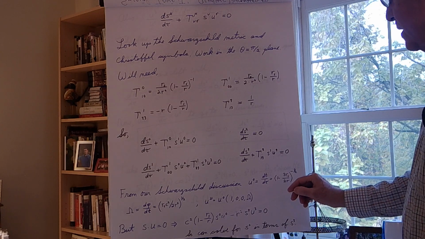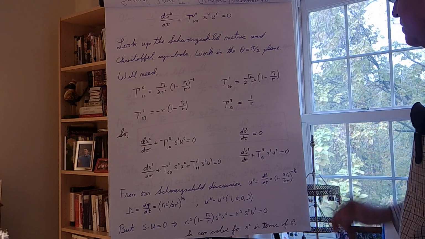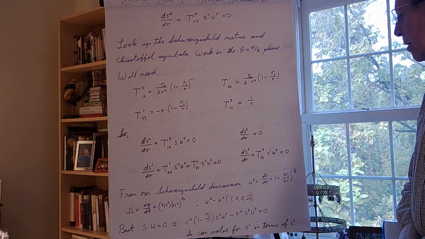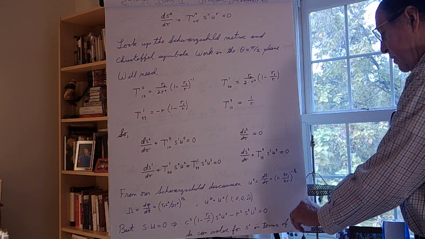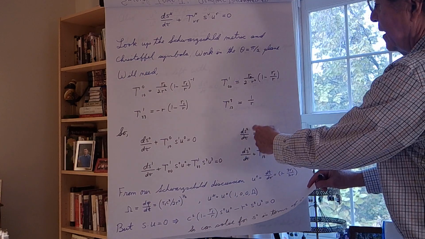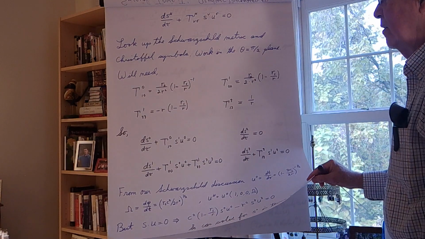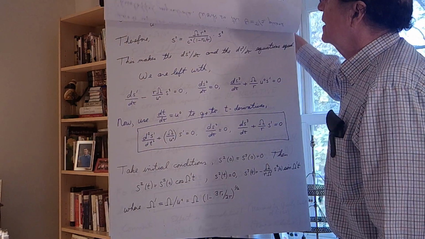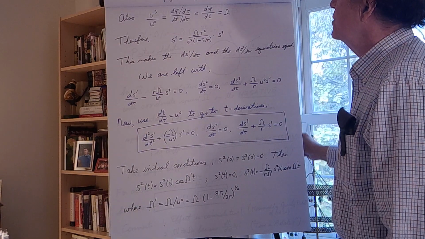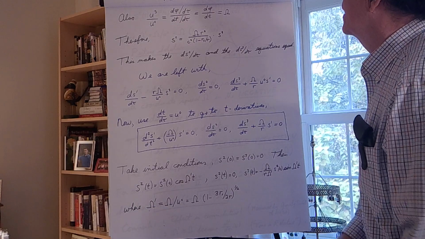Okay, and so therefore this is a relationship between my 2 unknowns, s naught and s3. So we can solve, for example, for s naught in terms of s3, and eliminate this set of 4 equations down to a set of 3 equations. I'm more interested in getting the equations for the spatial components of spin. Okay, because that's the physics.